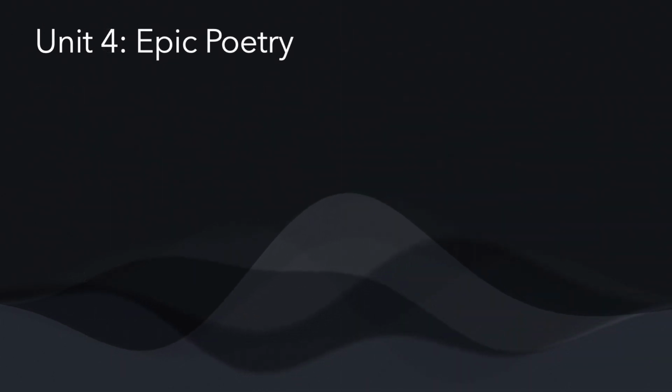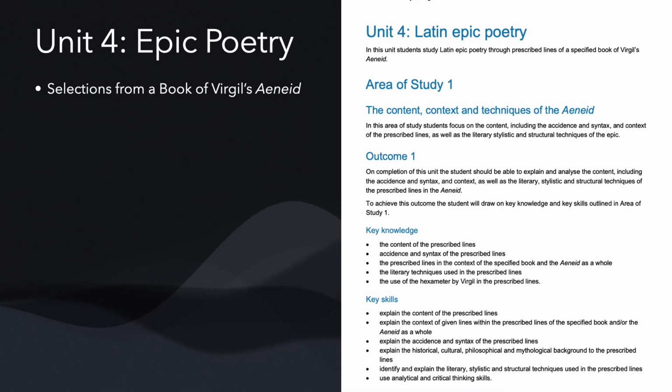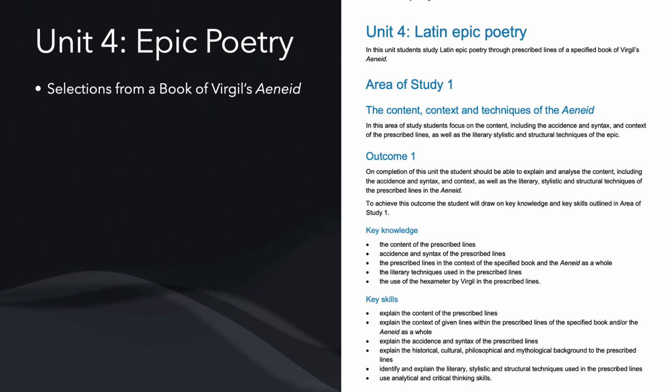Jumping into Unit 4 now, and that's all about epic poetry. For that, we do selections from a book of Virgil's Aeneid. Now, the Aeneid, as you might know, is the great masterwork of the poet Virgil, written during the reign of the Emperor Augustus. It tells the story of a man, Aeneas, who's in Troy at the end of the Trojan War, escaping with some of his fellow Trojans from the fall of Troy, wandering through the Mediterranean, having numerous adventures, including getting shipwrecked in Carthage, landing in Italy, fighting the locals, and eventually winning the war there.